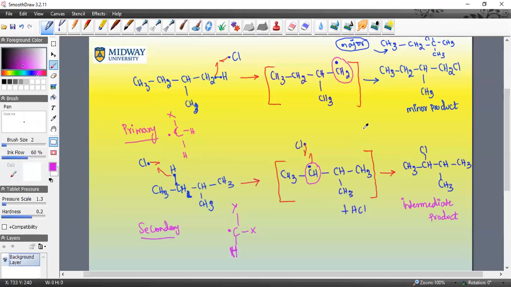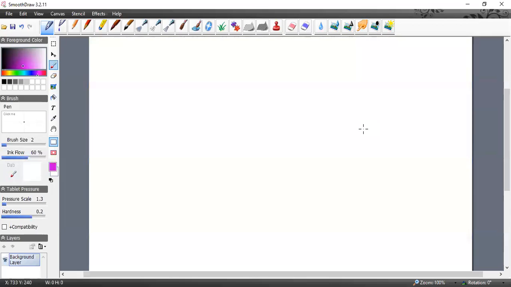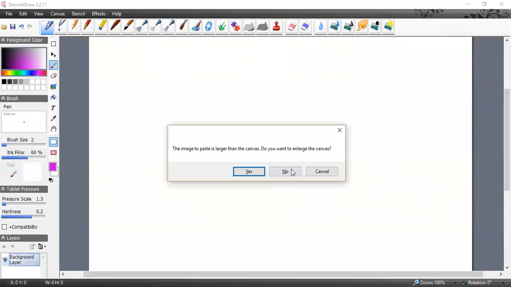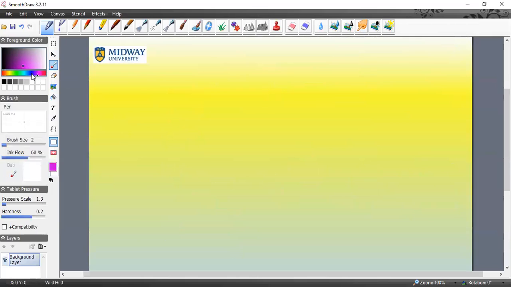Let me give you a practice exercise. This time around, I won't show you the full skeletal structure, but let's just say this is my condensed line structure.